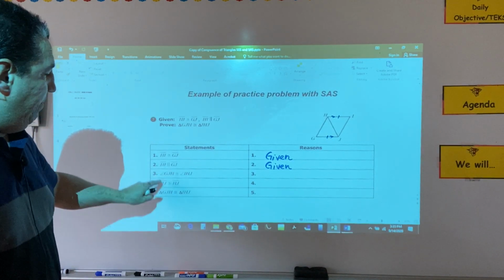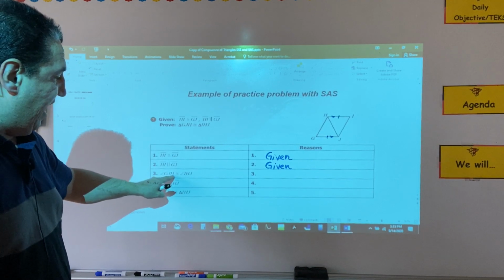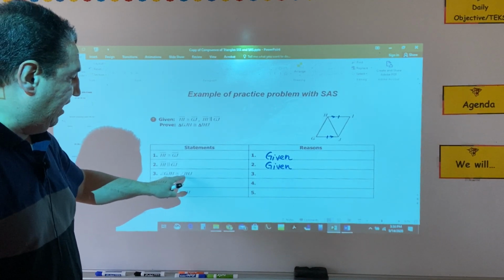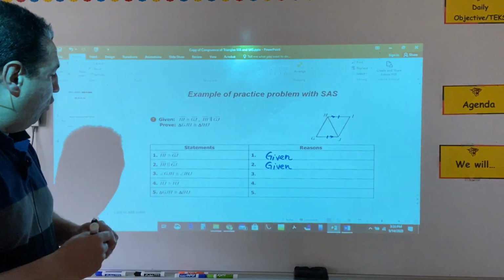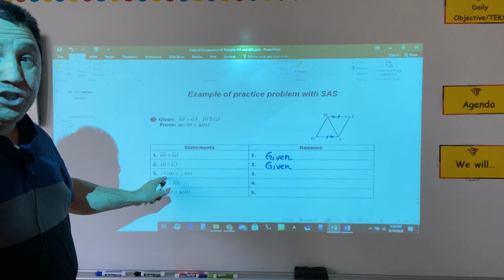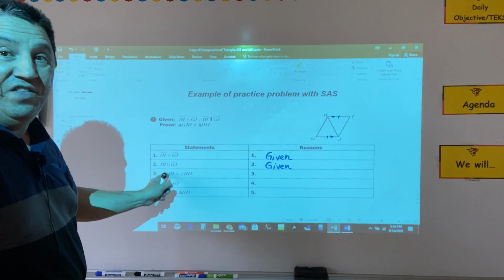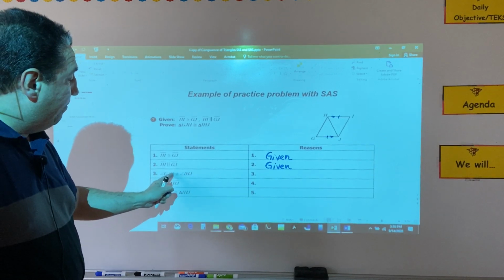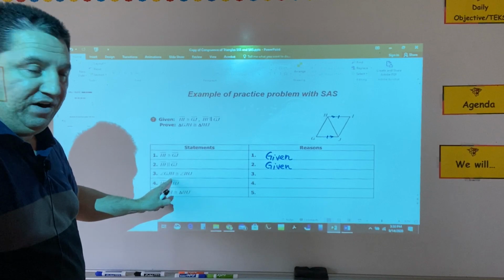Now, on the third step, we have angle GJH congruent to angle IHJ. In order to identify this angle, we have to follow the order of the letters. And as we know, the middle letter is always the vertex.